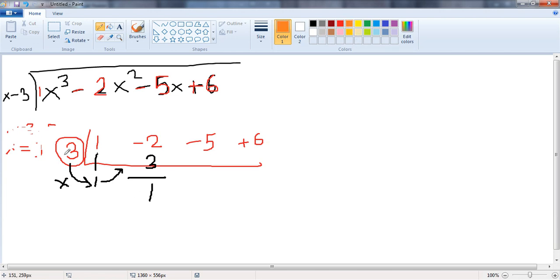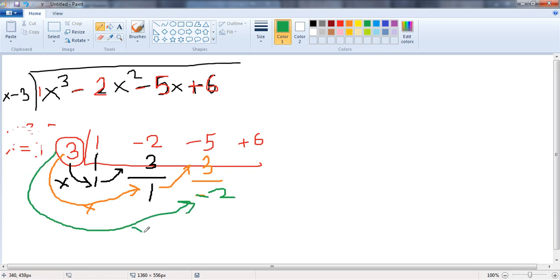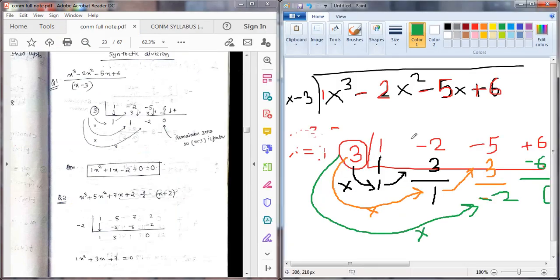Now 3 multiplied by 1 will give you 3 over here. Minus 5 plus 3 is minus 2. So 3 multiplied by minus 2 is minus 6. Minus 6 plus 6 is 0. So there is no remainder. If there is no remainder, this x minus 3 completely divides it.